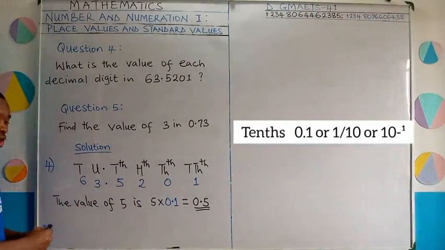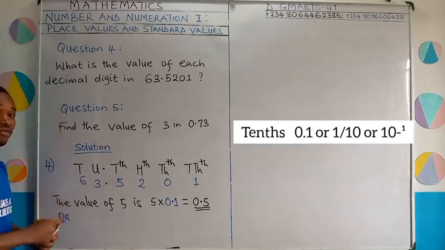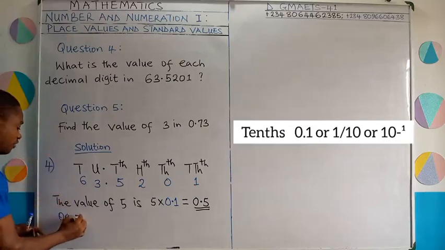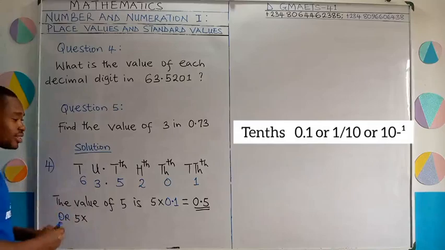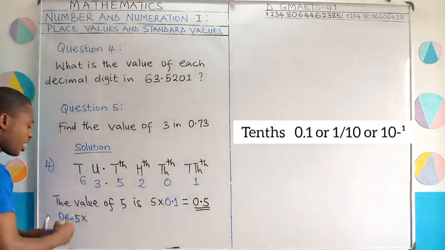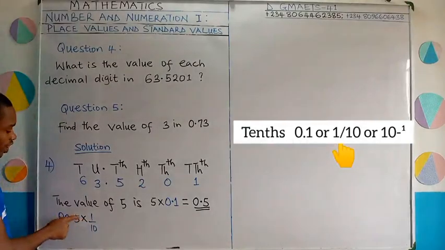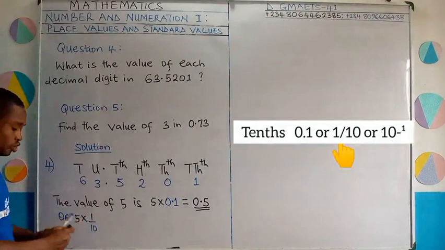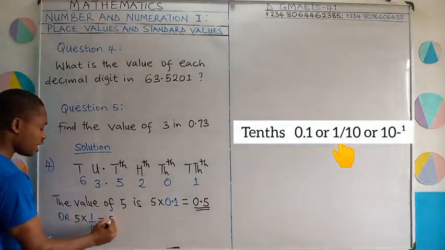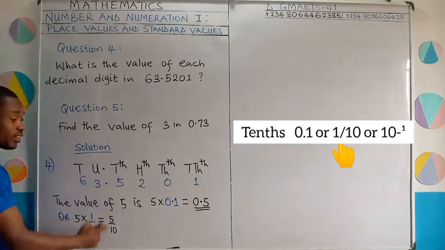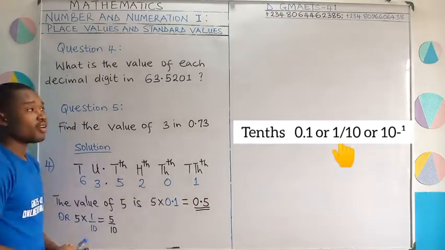If you want to write it using the fraction form, it's going to be 5 times the standard value of tenths in fraction, which is 1 over 10. If you multiply the numerators, 5 times 1 gives us 5, then over 10. This 5 over 10 still gives you 0.5.